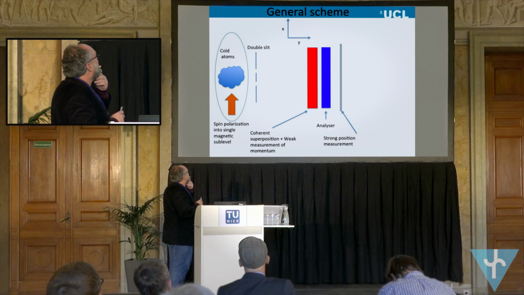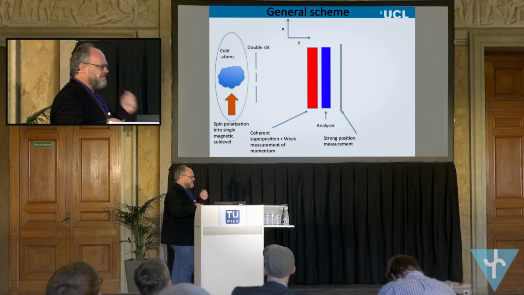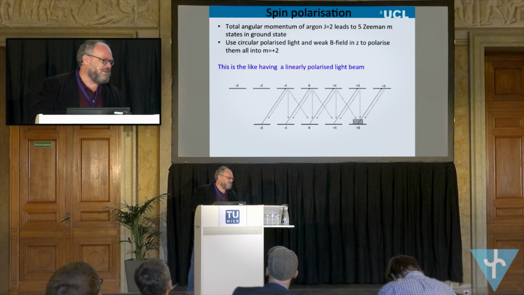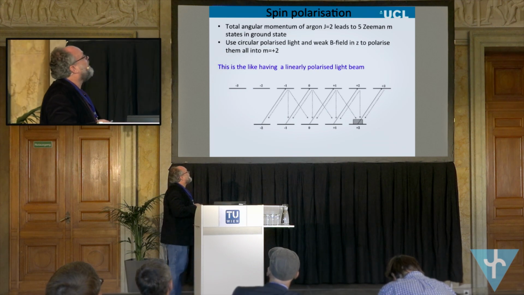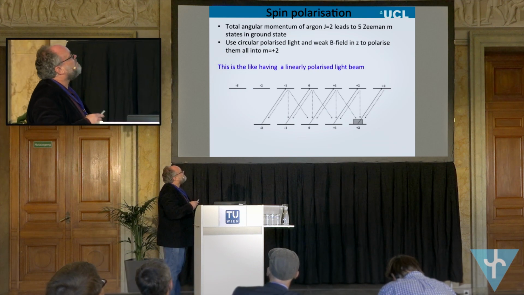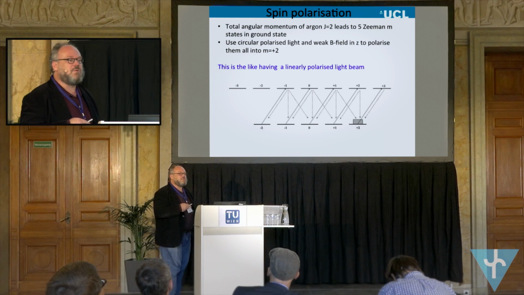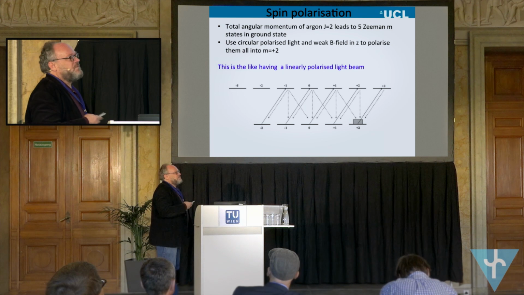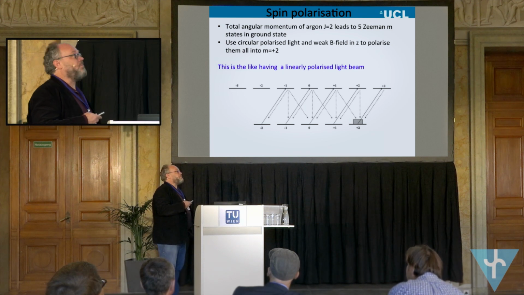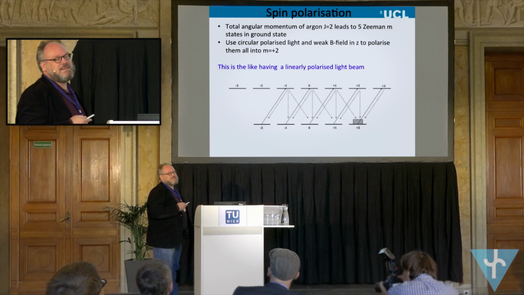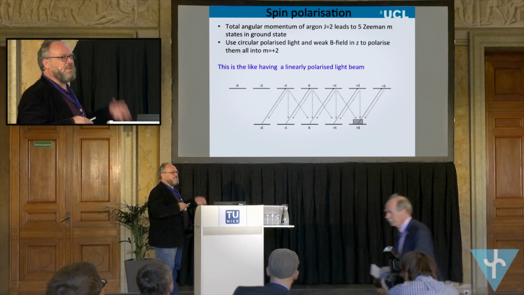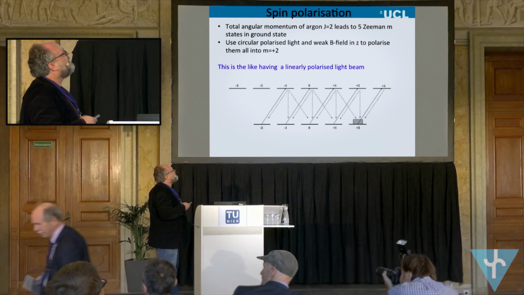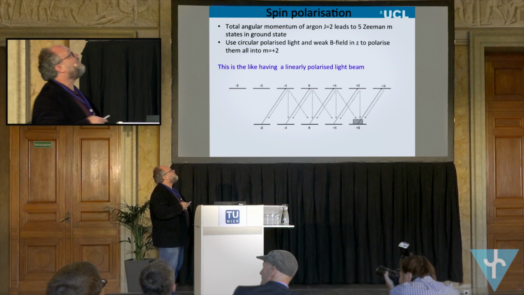The first stage is the spin polarization. As I said, this is metastable argon, which we can laser cool to about 50 microkelvin. The reason to do that is that it has a fairly large de Broglie wavelength, which in some ways makes the experiment easier. Not if you have to build it from scratch, but since we have that system available, we can do that.